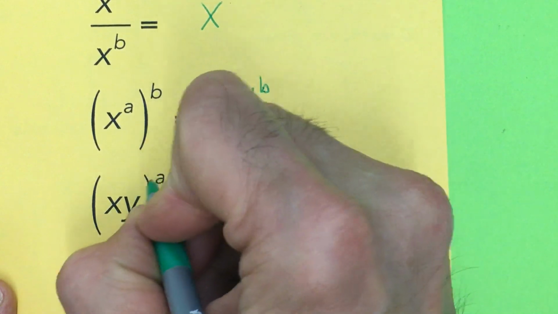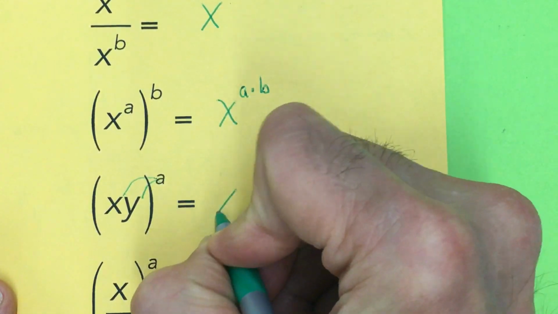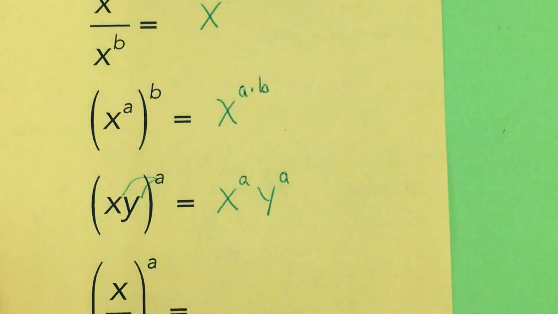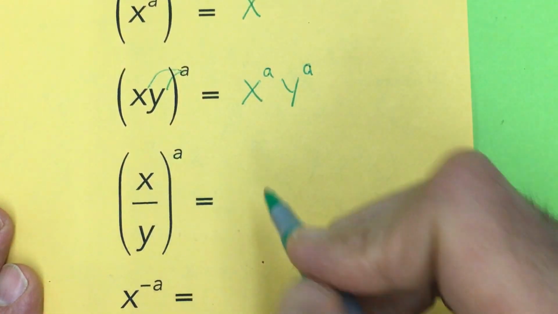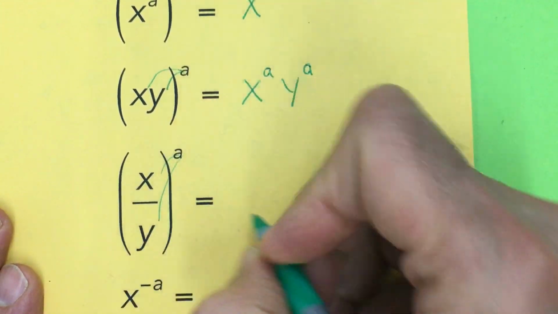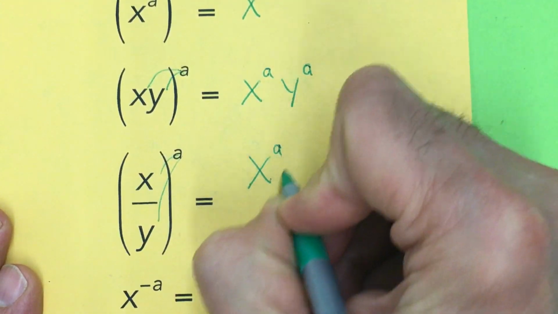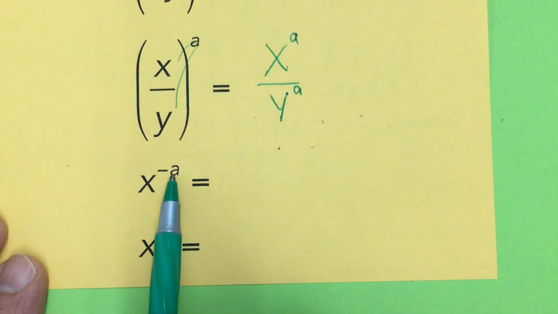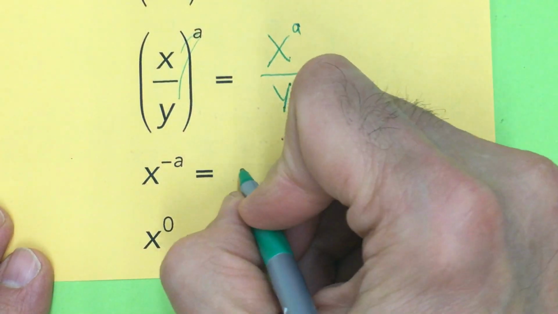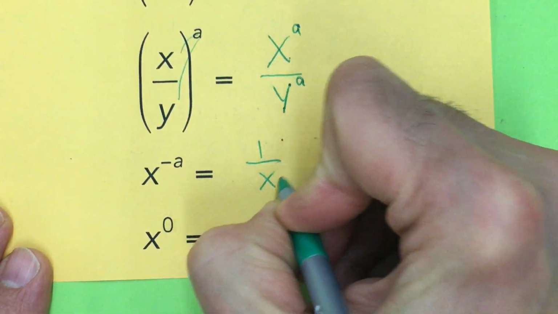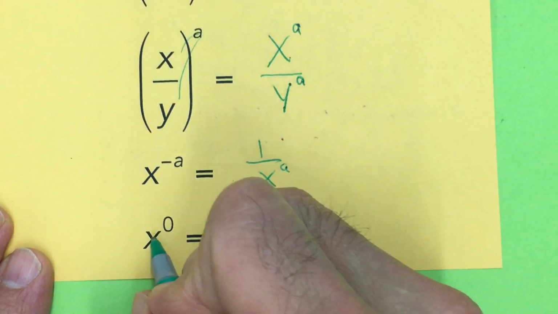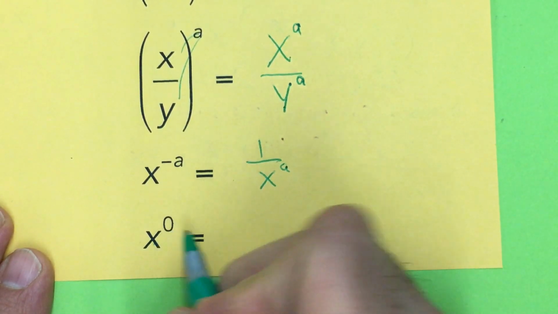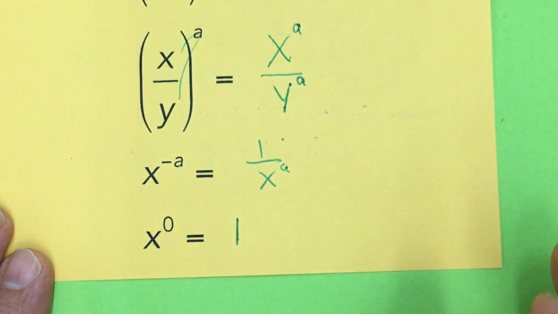Power of a product, you're going to distribute. Power of a quotient, you're going to distribute. Negative power tells you to do the reciprocal. And zero power means, so long as this is not 0 to the 0 power, is 1.